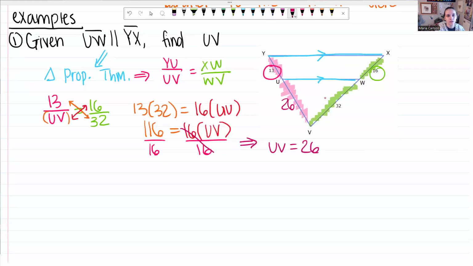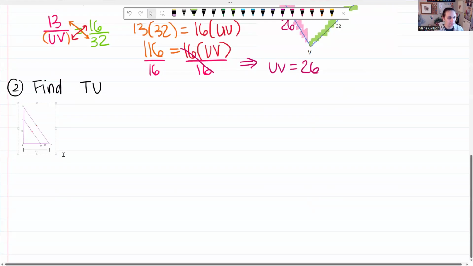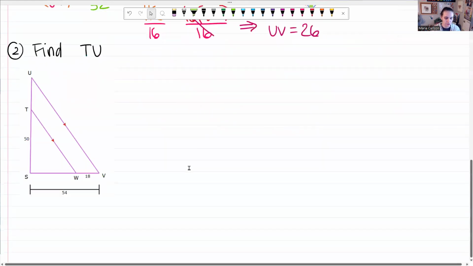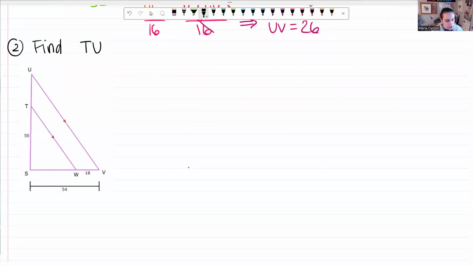Let's look at another one. Number 2. We are going to find the length of TU. And this one, again, can't print it, just draw it. None of these are too complicated to draw. When I look at this, I notice right off the bat, TW is parallel to UV.